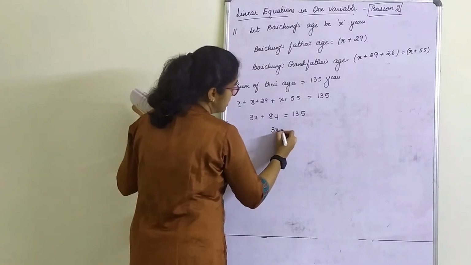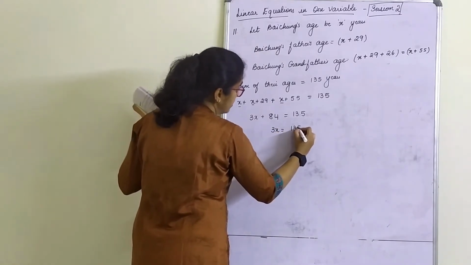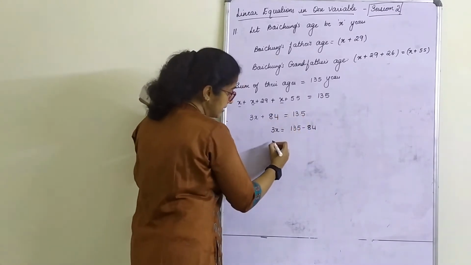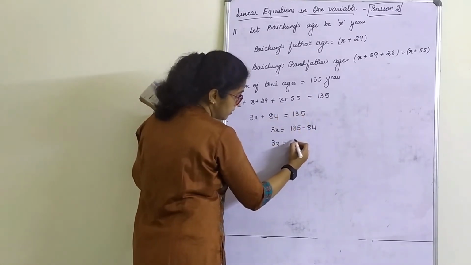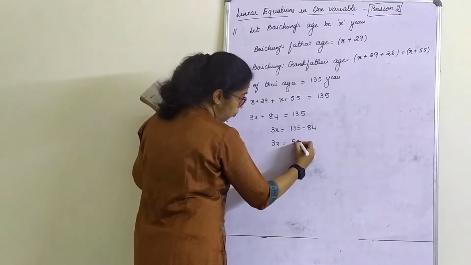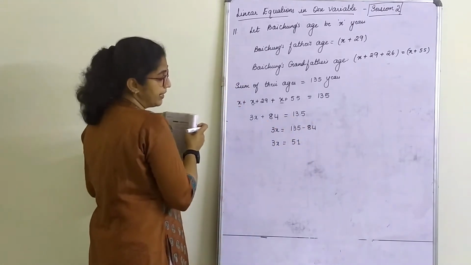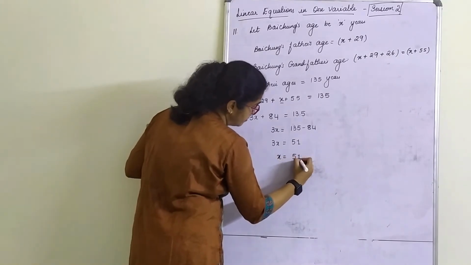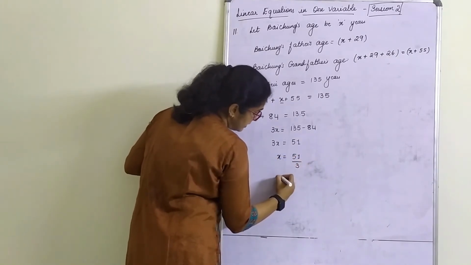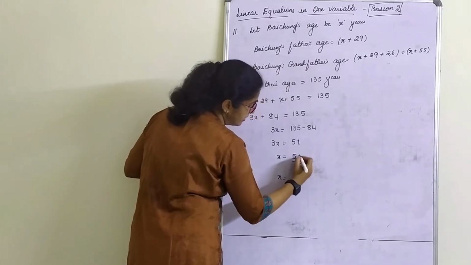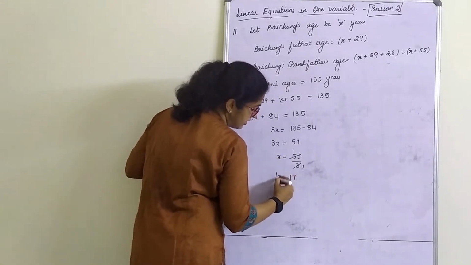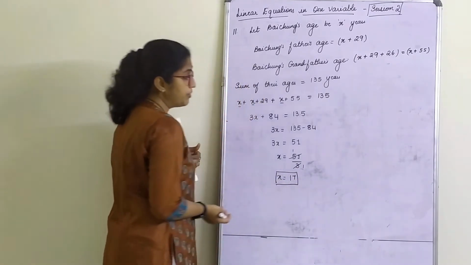So 3x is equal to 135 minus 84. 3x is equal to 51 when you subtract. x is equal to 51 divided by 3. 3 ones are 3, 3 sevens are 21. So x is 17.